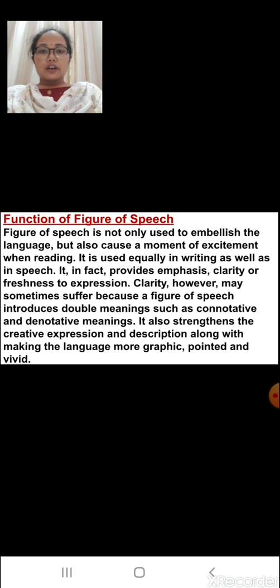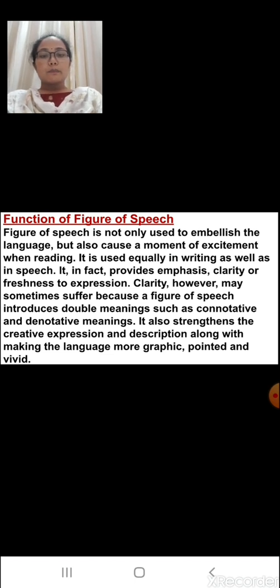Now let us see the functions of figure of speech. Figure of speech is not only used to embellish the language but also cause a moment of excitement when reading. It is used equally in writing as well as in speech. It in fact provides emphasis, clarity, or freshness to expression.